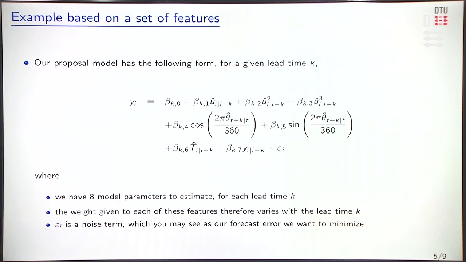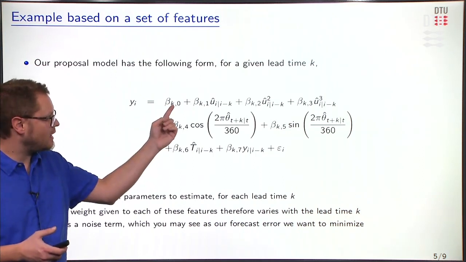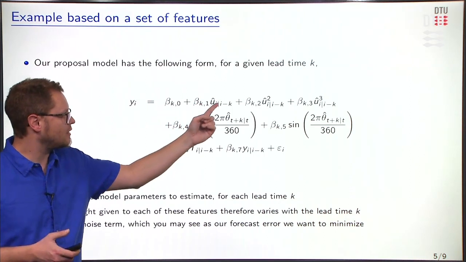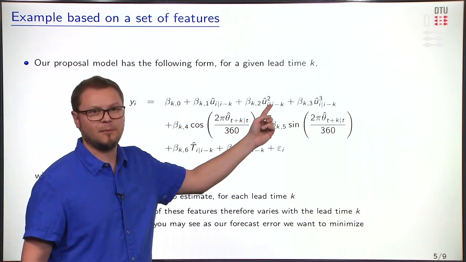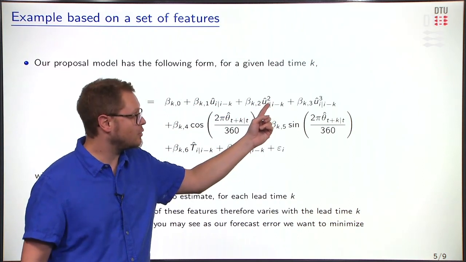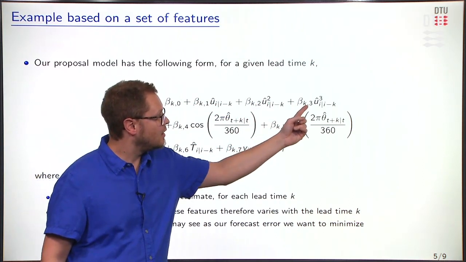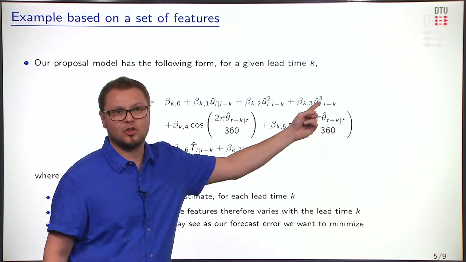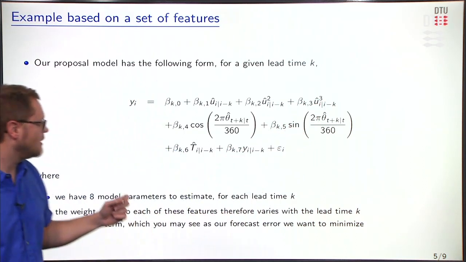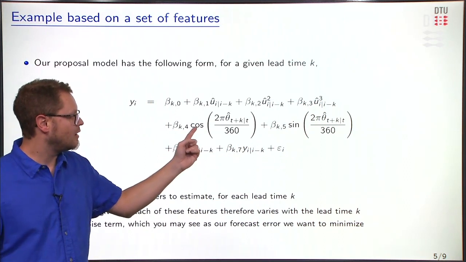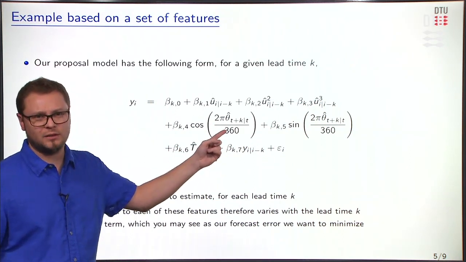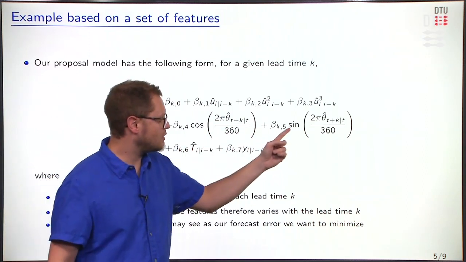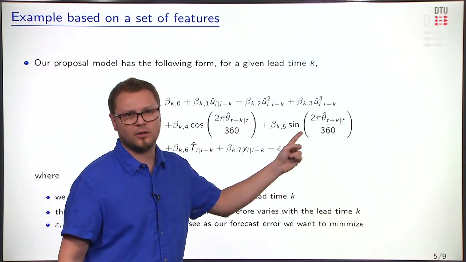So we describe y at any time instant with a linear intercept, a linear coefficient times the wind speed forecast, another coefficient times the square of the wind speed forecast, then another coefficient times the cubic value of the wind speed forecast, then another coefficient times the harmonics, so the cosine component of the harmonics for wind direction, another coefficient times the sine component of the harmonic.